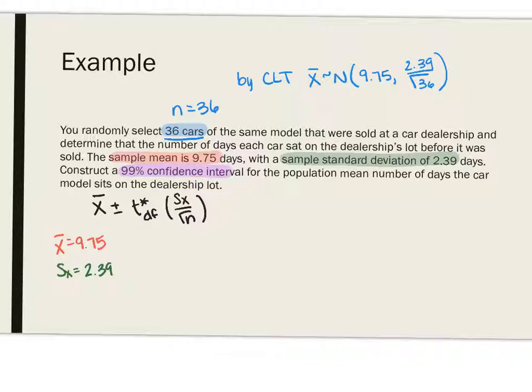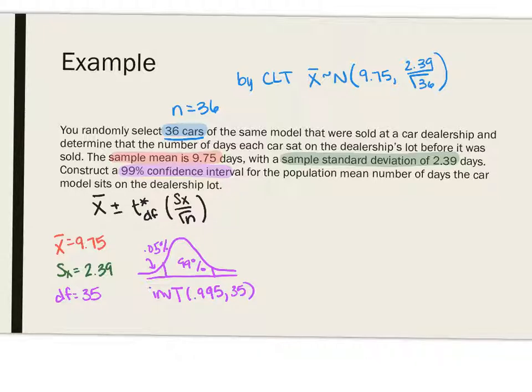Remember, we draw the curve, and on the inside of the curve we want to have 99%, which means there's 1% on the outside, so each side is 0.5%. So in our calculator we calculate inverse t of 0.995, and our degrees of freedom, since n is 36, are 35.